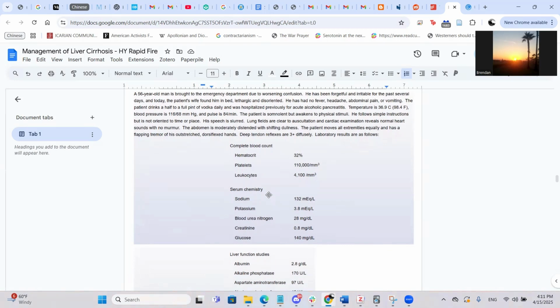Pulse is 84. The patient is somnolent but awakens to physical stimuli. He follows simple instructions but is not oriented to time or place. His speech is slurred. Lung fields are clear to auscultation. Cardiac exam reveals normal heart sounds with no murmur. The abdomen is moderately distended with shifting dullness. The patient moves all extremities equally and has a flapping tremor of his outstretched, dorsiflexed hands. Deep tendon reflexes are 3 plus diffusely. Laboratory results are as follows.